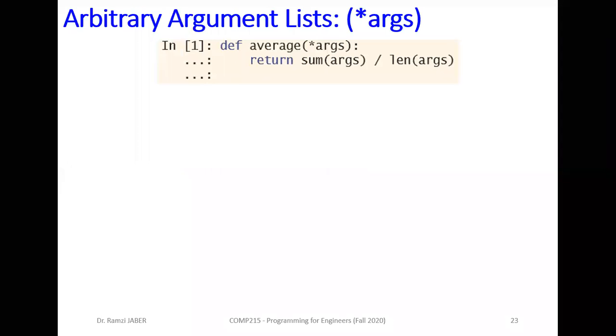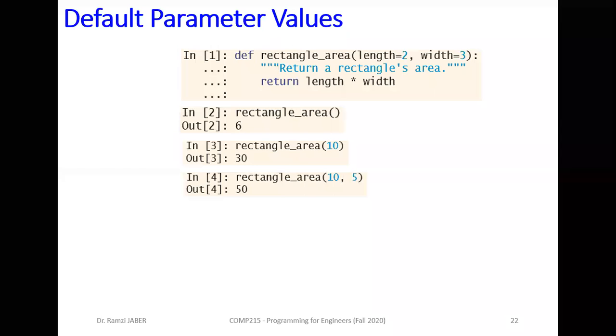Now, we want an arbitrary argument list, not a fixed list, not like here, only 2 values or 3 values. We want to make our functions dynamic in parameters. You can type any number of variables or arguments as you want.